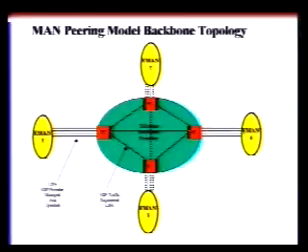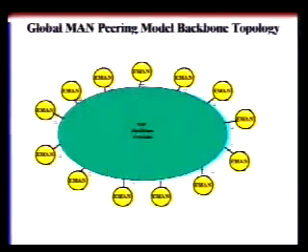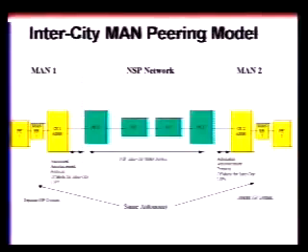So how do we do this is the question. What we get is this kind of model where everything is just opaque to the MAN provider, and it's a peering relationship. So the first part is, in the peering model, we get an NSP that runs his traditional network. It's a packet-based network, probably running MPLS, and he offers this intercity MAN service or a downstream hierarchical kind of service.